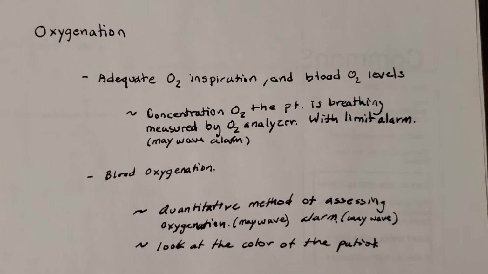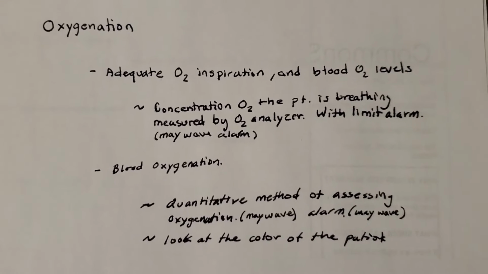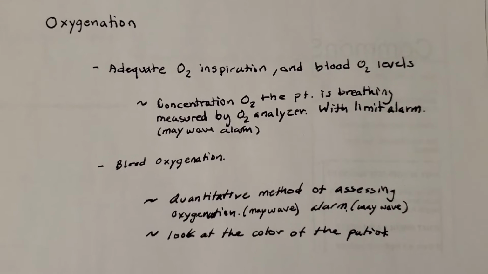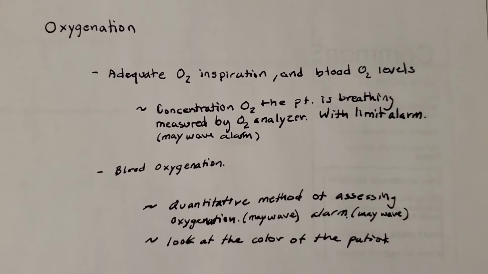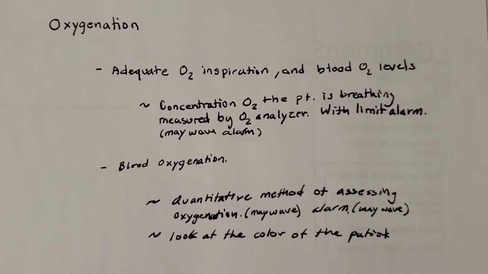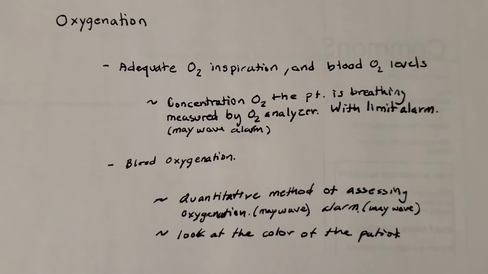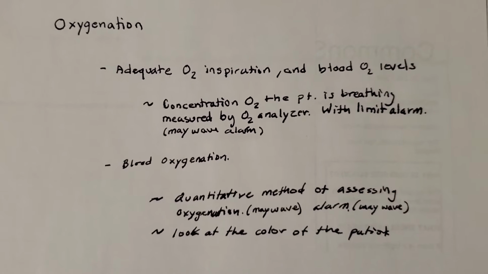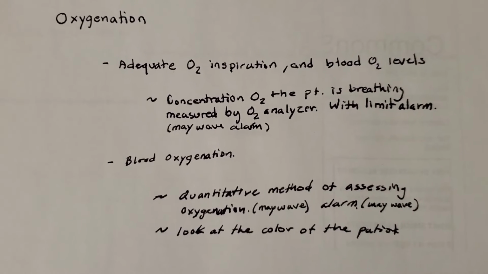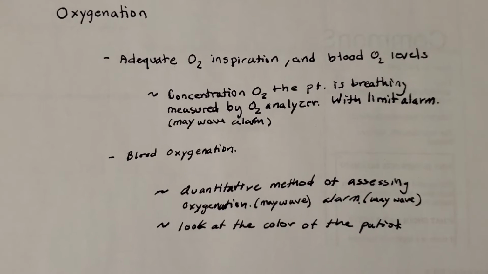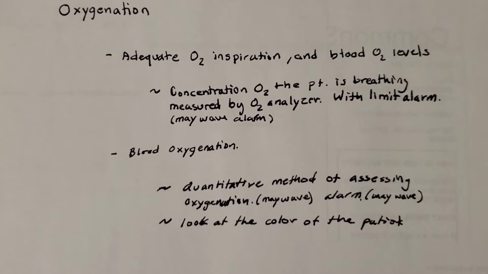You'll have to know that. Just learn it right before the test, and then you can forget about it, because you probably will later. That's a method of analyzing the inspired oxygen. And then there has to be a quantitative method of assessing blood oxygenation.